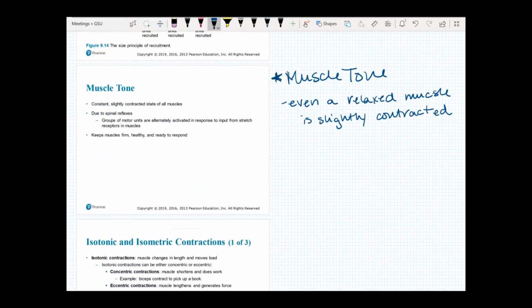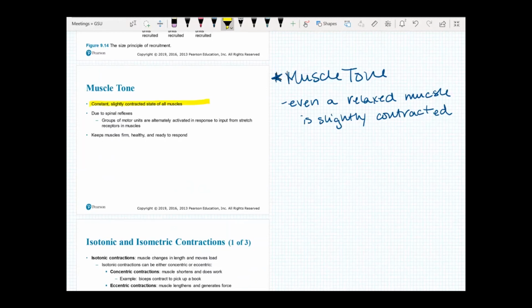So your muscles are actually going across your joints and they're holding your skeleton in place, but they're also holding it in alignment. So even though you are not currently maybe moving your arm, the muscles of your arm are working to keep it in a slightly contracted place in order to keep your muscles in alignment. If you didn't have that, you would have very floppy, loose arms that do not have the ability to maintain their anatomical structure of alignment. So muscle tone is really, really important, and it's going to be this constant, slightly contracted state.